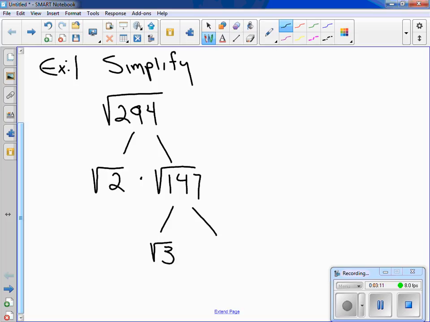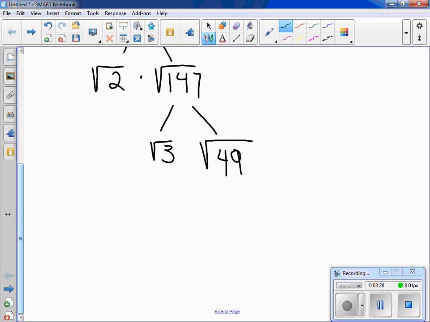So 3 goes into 14, 4 times. Gives you a remainder of 2, makes that 27. So that makes that 49. And just for bookkeeping, I'm going to bring this radical 2 down so I don't forget it.